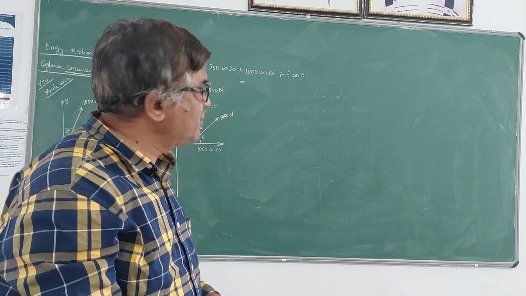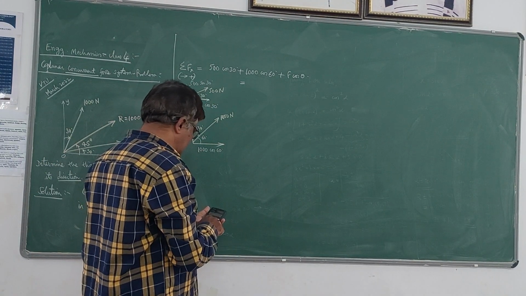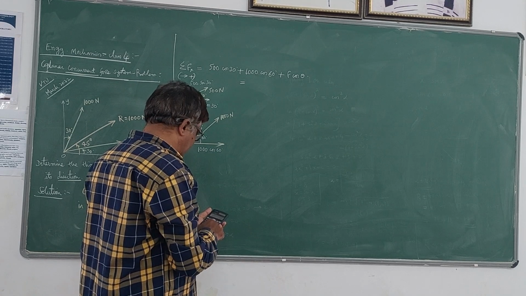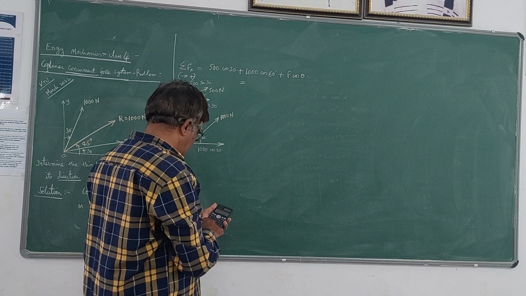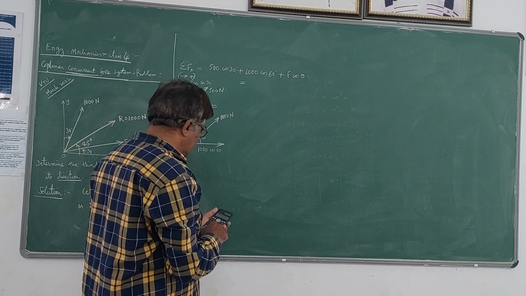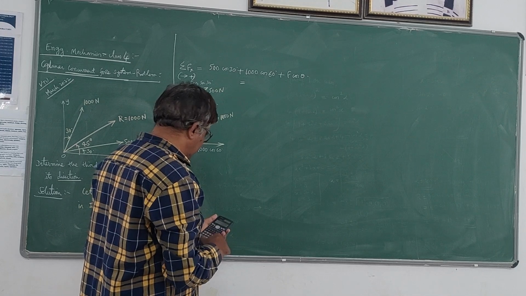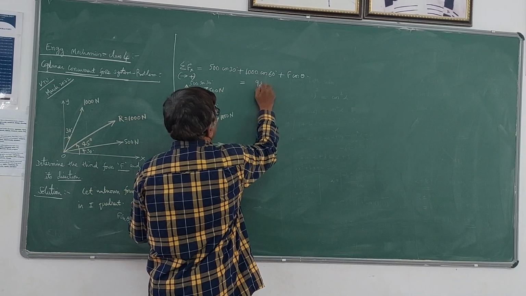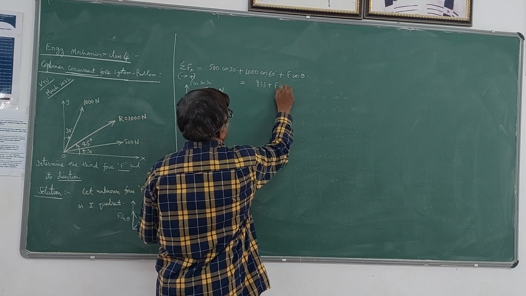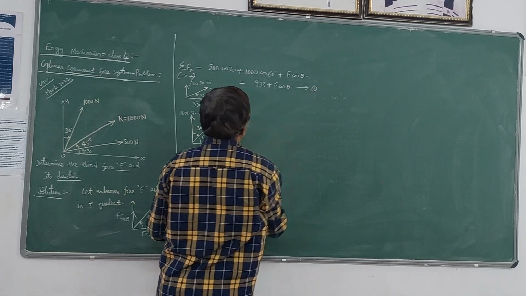If you simplify this, 500 into cos 30 plus 1000 into cos 60, it becomes 933 plus F cos theta. So this is the expression for sigma Fx. I will call it equation 1.